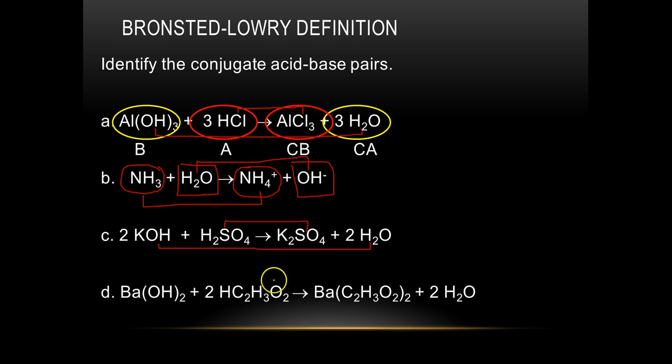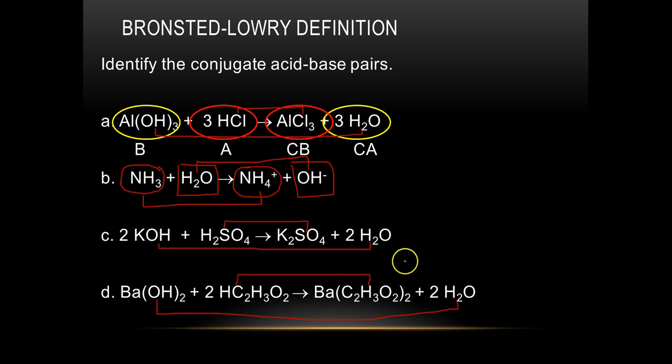It can look a little complicated sometimes, but this is your acid, and I know that because that's the base. So you get to see a pattern. Hydroxide becomes water. So hydroxide is our base, water is the conjugate acid. This is acetic acid, and there's the acetate ion. So here's our acetate, the conjugate base.